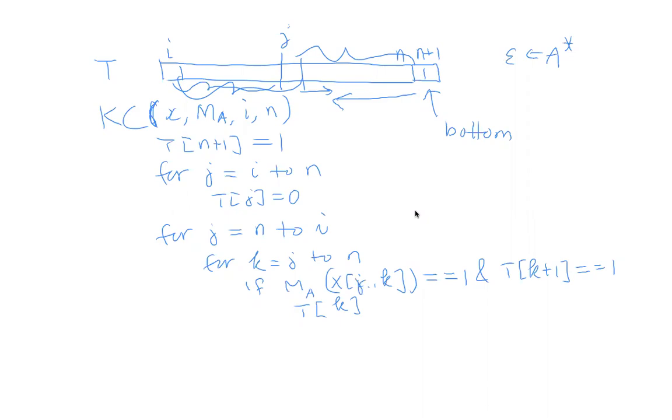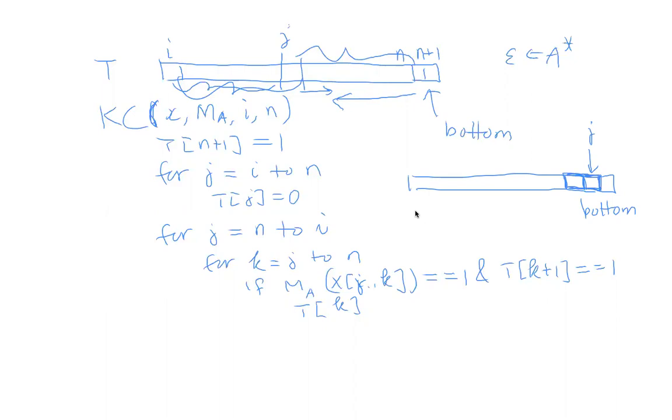Okay, so the idea now is this. We want to know, okay, so we know the recursion. So this is the bottom of the recursion. So my j from here, and I want to know whether this portion is in A star. And then I'm going to move down, and then I want to see whether this whole portion is in A star.